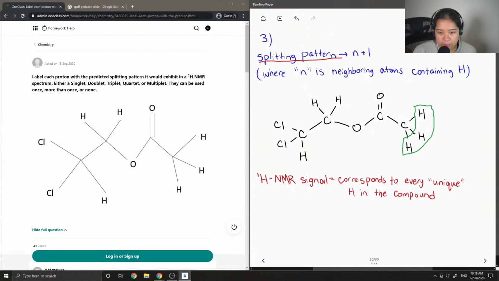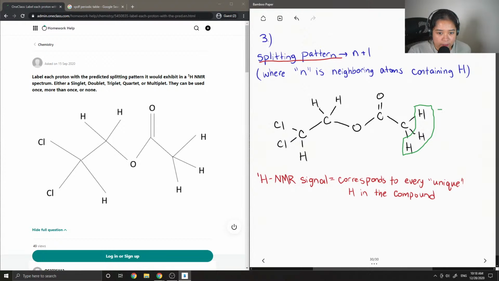They are all bonded to a carbon that's bonded to a double bonded oxygen. So if we look at these 3 hydrogens, their neighbor is the carbon that has the double bond with oxygen.